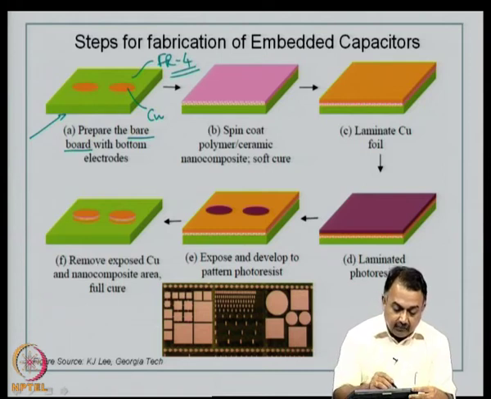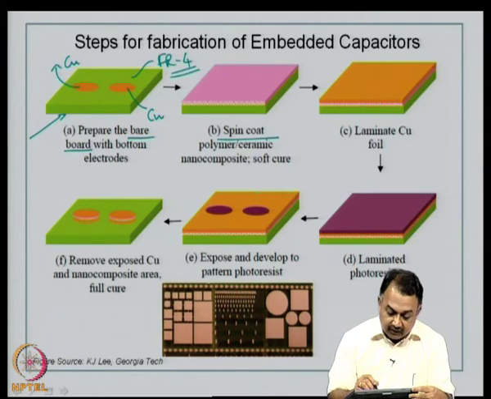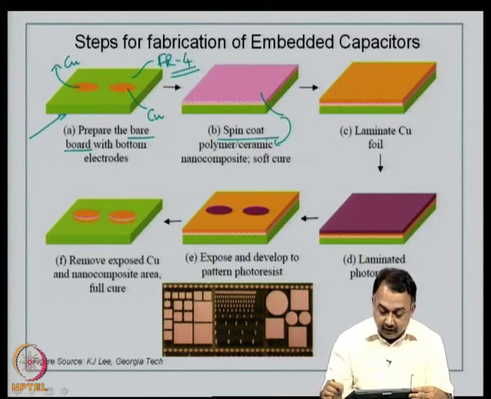Now, you can typically do a subtractive process to get these patterns. So, this is the bottom plate copper, and typically you can do the print and etch method. So, by using photolithography, then do a spin coating of the polymer ceramic nanocomposite material. You can see here in pink shade, this is the polymer ceramic material. You could also use nano powders here.